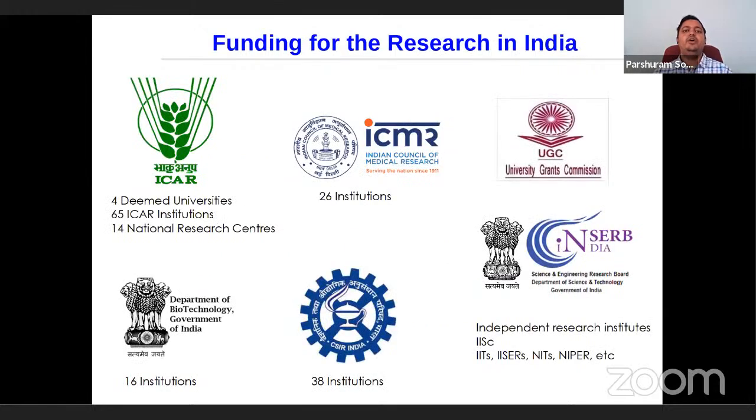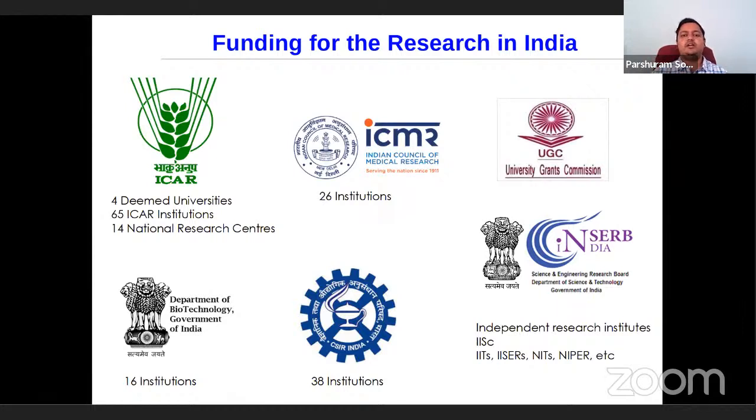The contribution is still less, and most of the funding for research in life sciences still comes from the central government. So if a student wants to do research, they need to get into some research institute, and there are several research bodies founded by the Government of India. Like the Indian Council of Agricultural Research, which promotes different aspects of agricultural sciences.